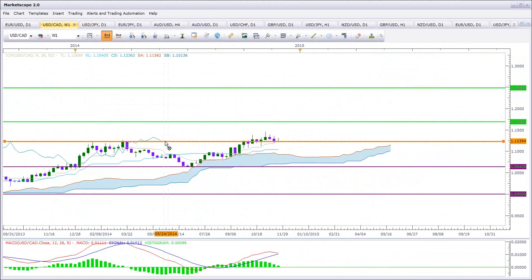I have identified this level, the 112 area, and this is a key resistance level, and the market is very indecisive as to what is going to happen. But you can see that the market is kind of bearish. It did test a little bit above this key resistance level, but now it's going down.